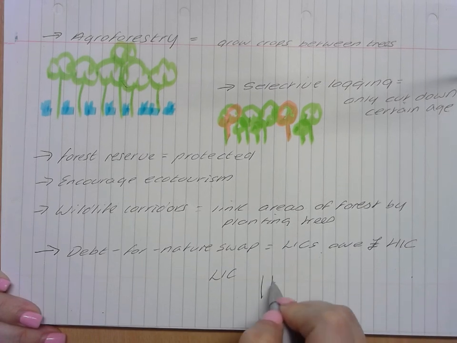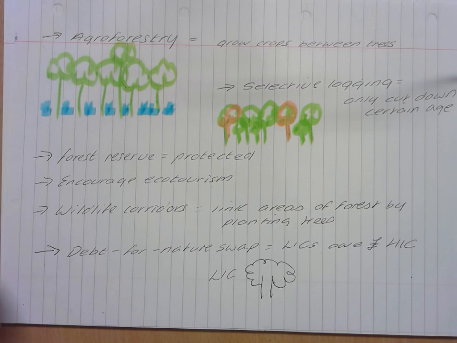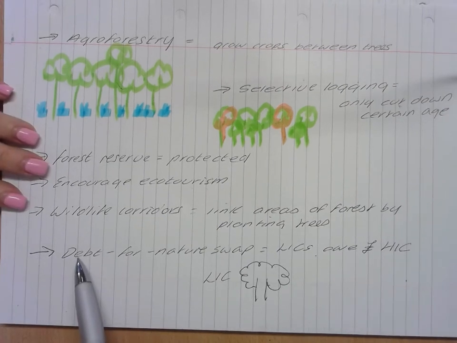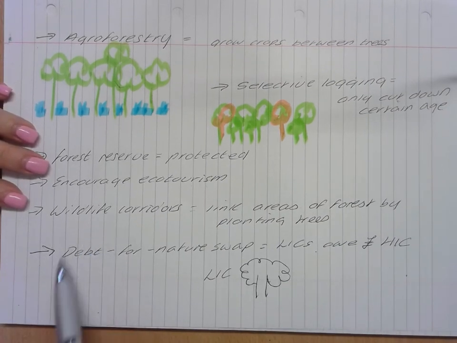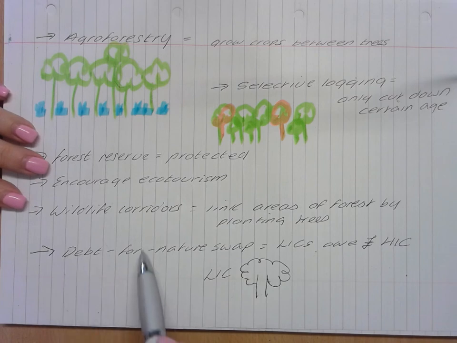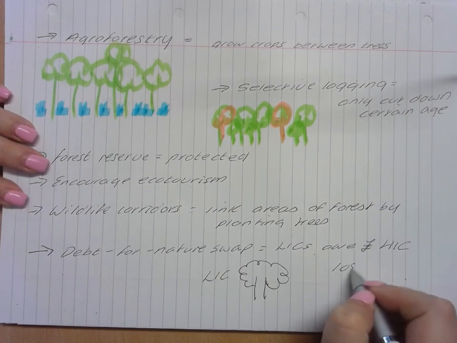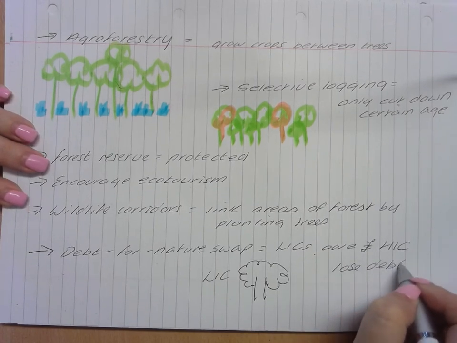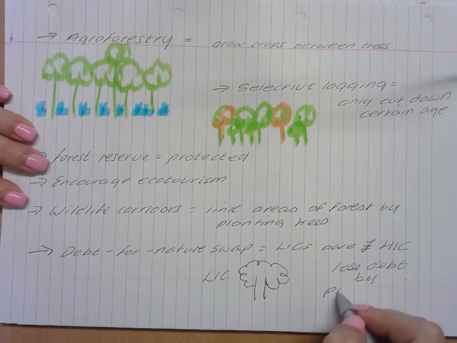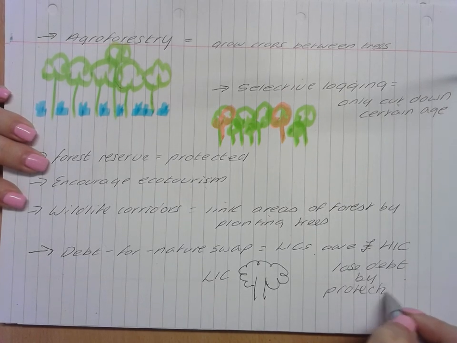Instead, they will plant trees or protect trees. So what happens is the LIC will lose part of its debt, but in turn will protect an area of forest. So they lose debt by protecting the tropical rainforest.